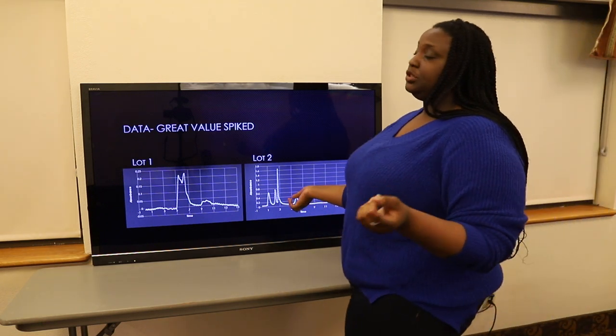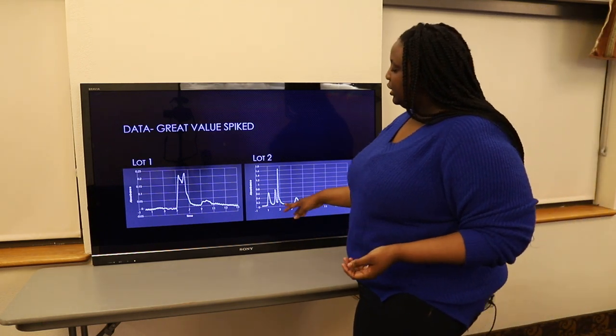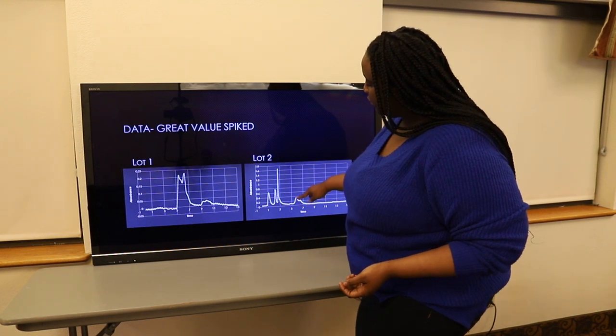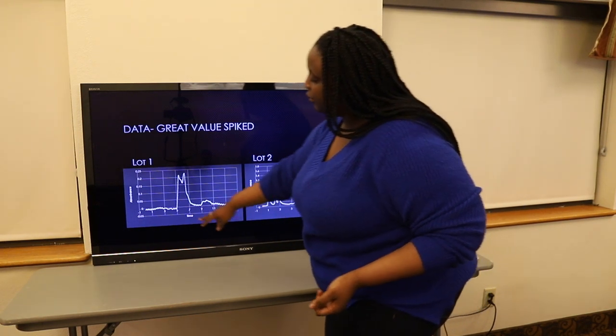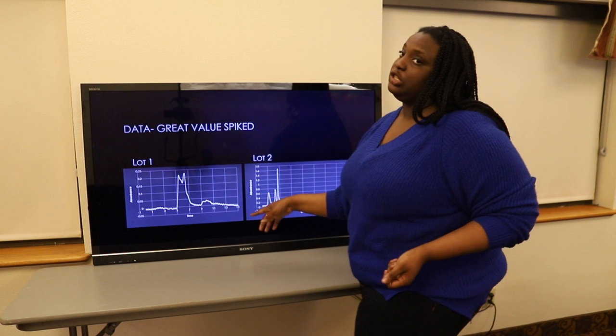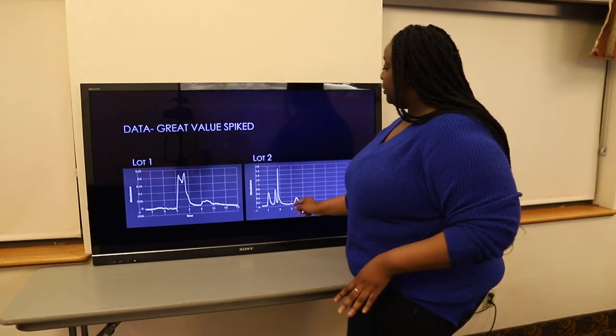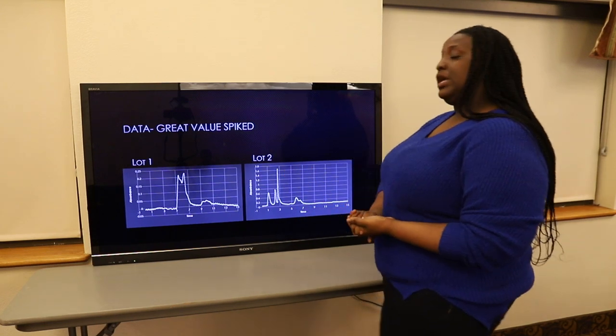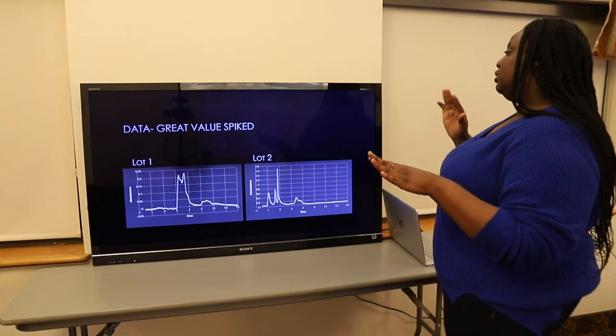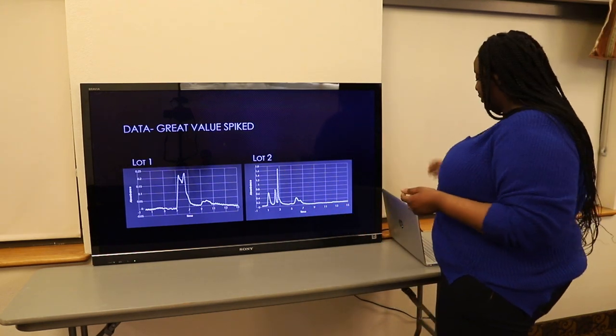This graph kind of looks off, but when we look at the time in which they come off, it's similar to the first lot, and the peak sizes also increase between the pure tea and the spiked one.